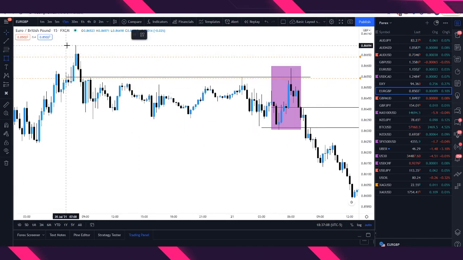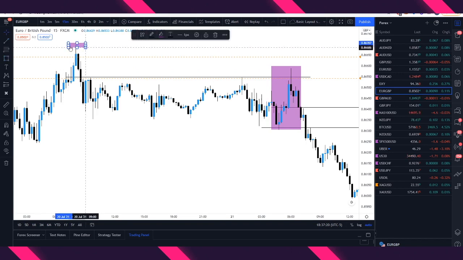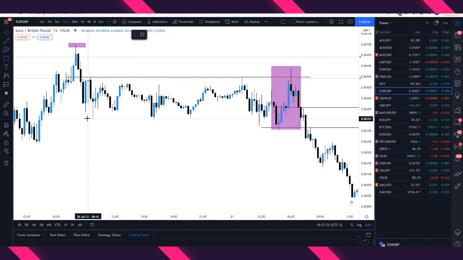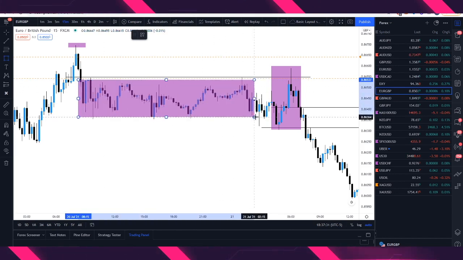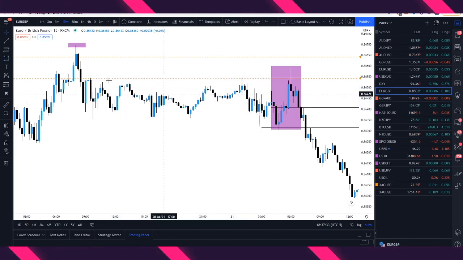When you look at price from this point to this point, really see the fluidness of price action. When price fell from here to here, really look at the difference between all of this and all of this.